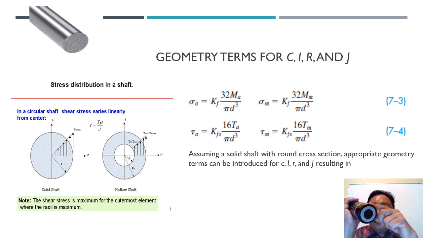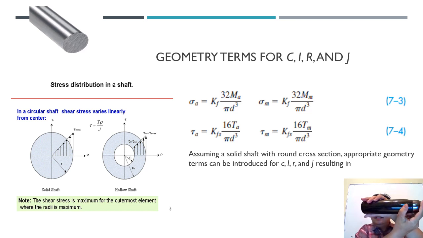I is the moment of inertia for the shaft. r is any point from the midpoint 0 location up until the outer radius of the shaft. This is r. And J is the polar moment of inertia for the shaft. What is a polar moment of inertia? Let's say this shaft suddenly moves 180 degrees. It is moving in a polar direction. So this is called the polar moment of inertia.